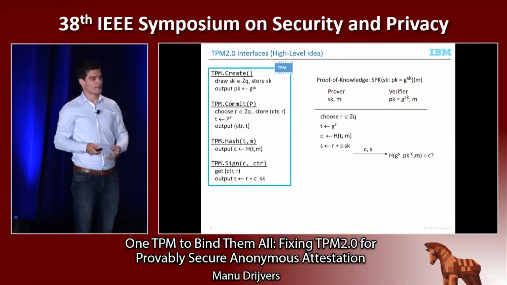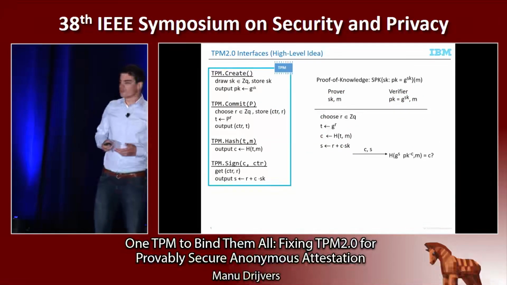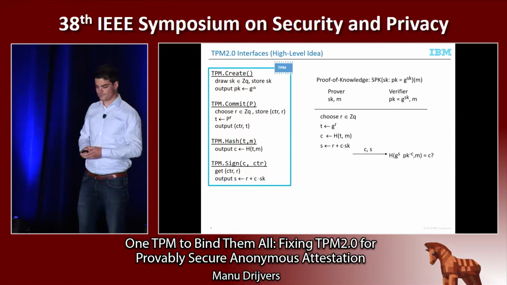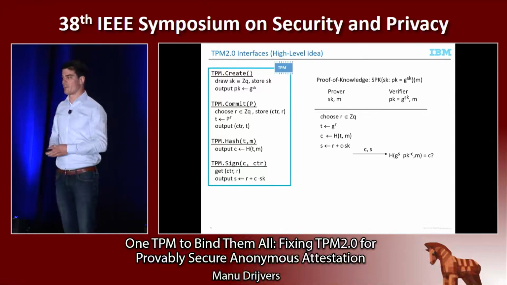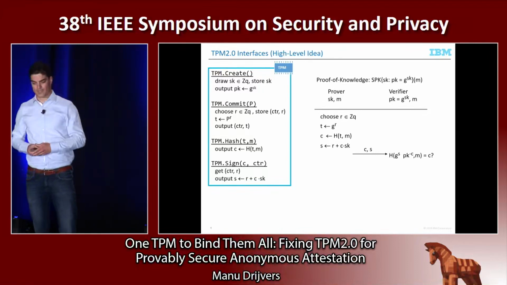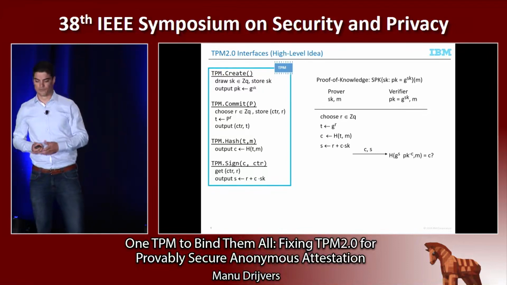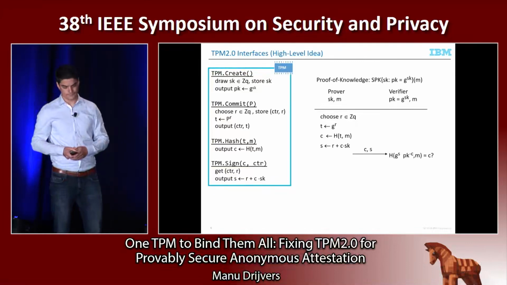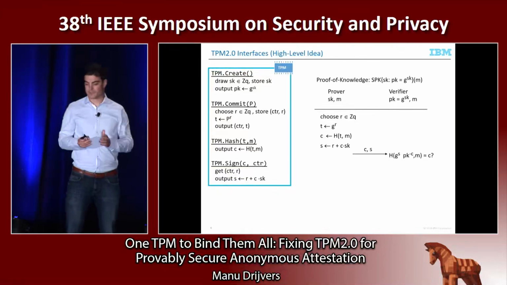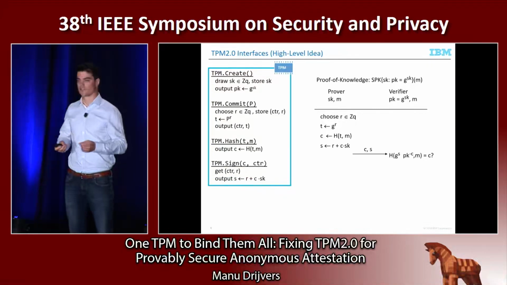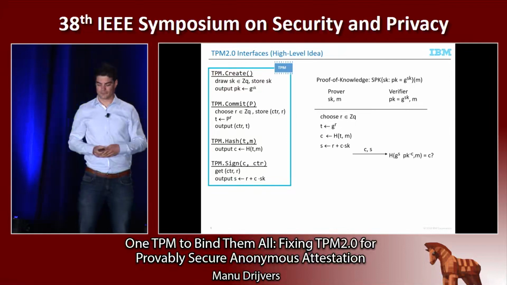Now let's look at this TPM2 and how that actually works. I told you that attestations have the form of a zero-knowledge proof, proving that you signed some message. Here on the right-hand side of this slide, you see the simplest zero-knowledge proof, which is called the Schnorr proof. Here, the prover proves that he signed some message M with a secret key that he does not reveal. For a practical DAA scheme, the host would need to extend this proof to also prove that this secret key is certified, but for simplicity, we look at this now.